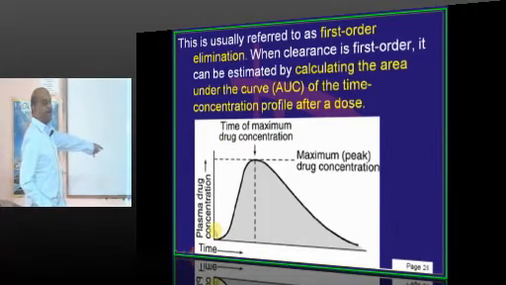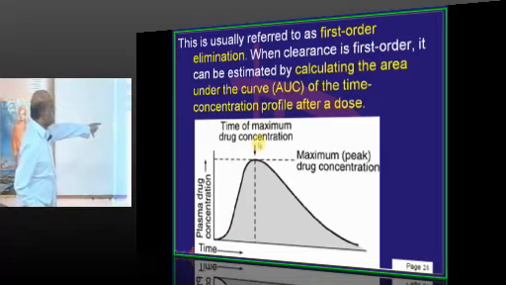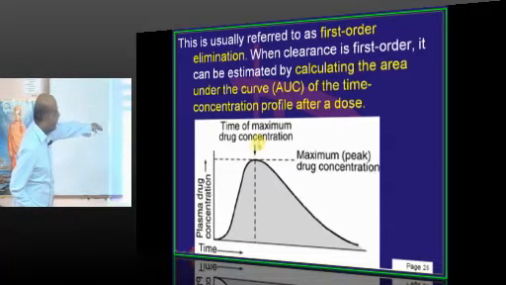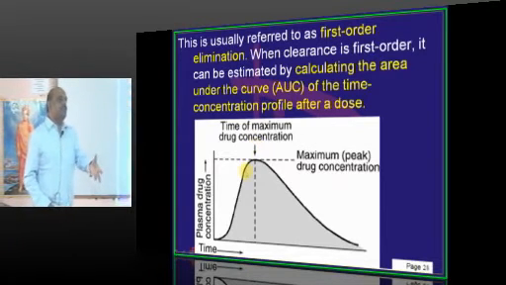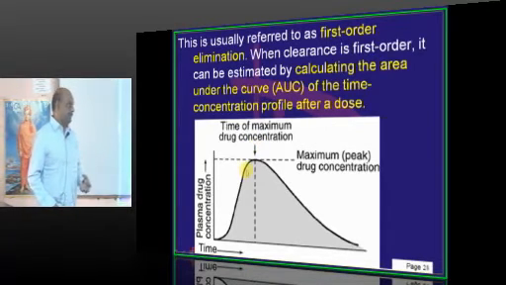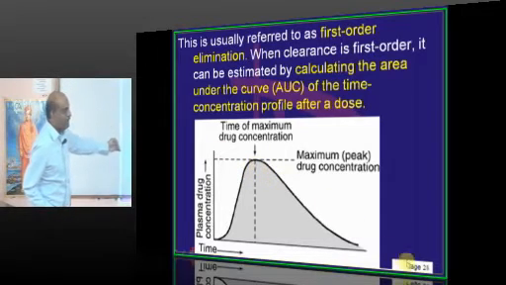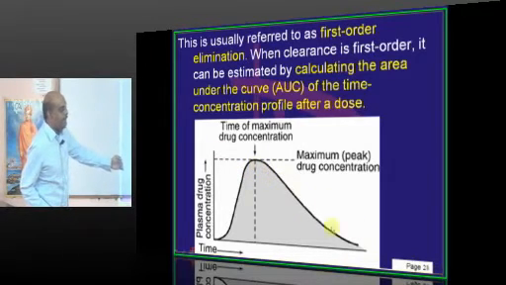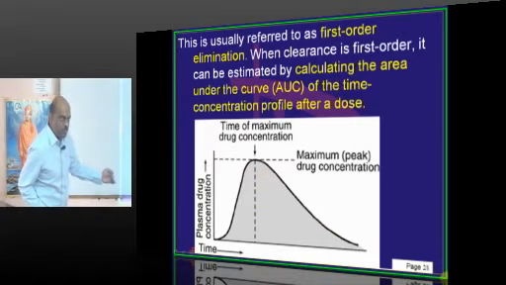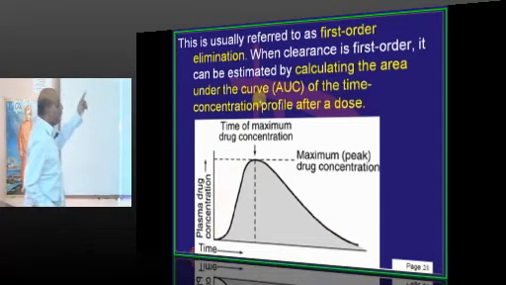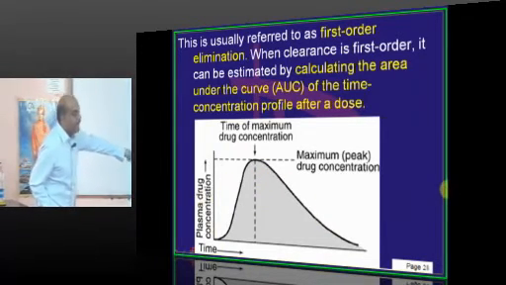Once you administer the drug, the concentration will reach a peak value. That is the time which is called the time of absorption. After that, what will happen? The drug typically becomes cleared from the body and the drug concentration starts to fall. So what do you get when you plot the concentration against the time?